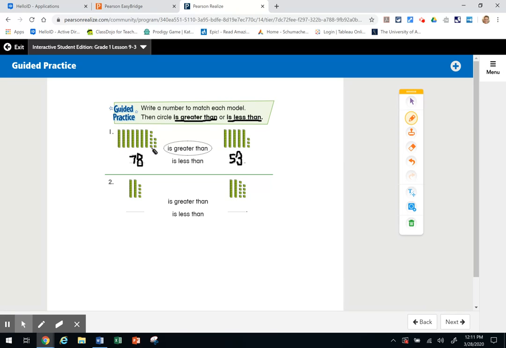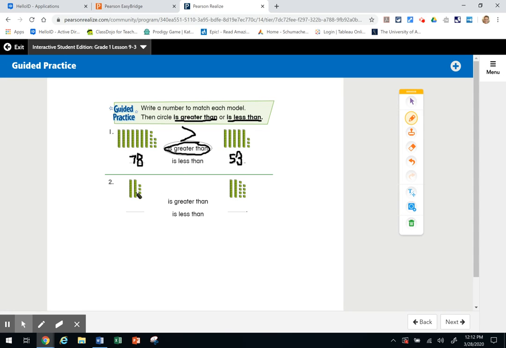There's more cubes in 78 than there are in 53. So 78 is greater than 53. Okay, and if we were using our sign, remember, the greater than sign, the mouth is facing the 78. It's facing the bigger number, okay?